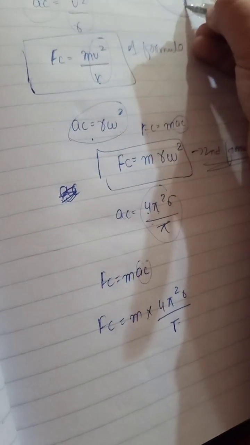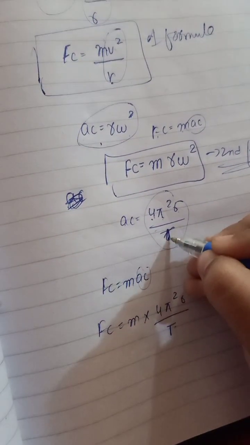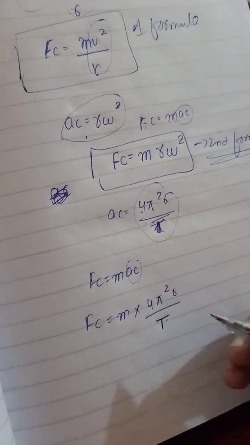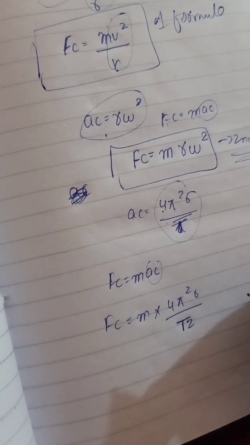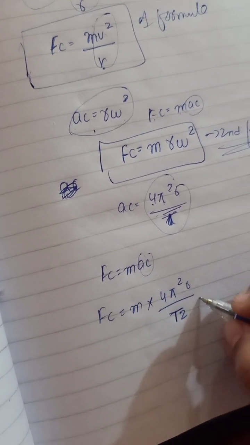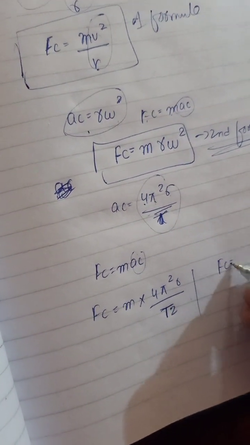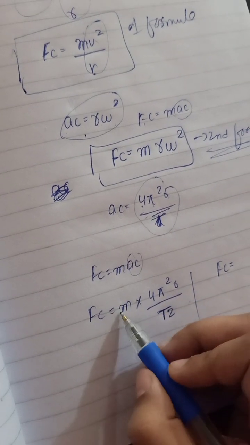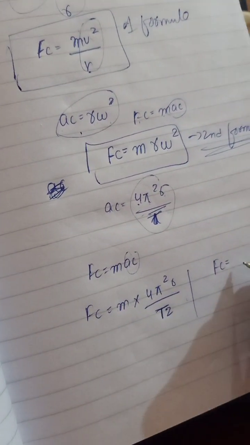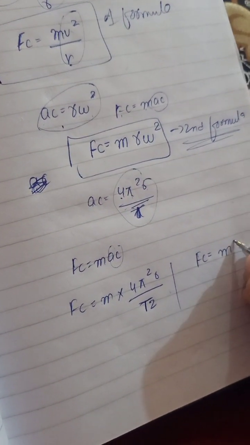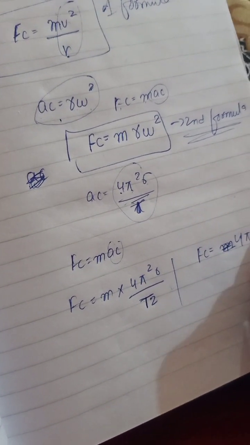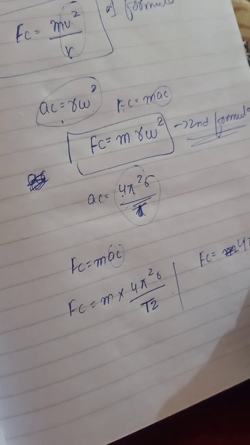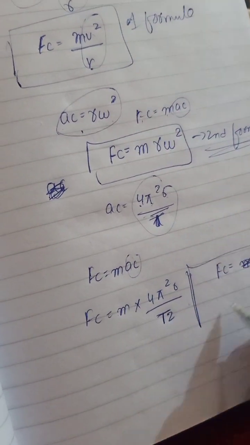Sorry, this is T, not pi. So T square. Rearranging, we can write F_c is equal to 4 pi square m r upon T square. That is the third formula of the centripetal force.